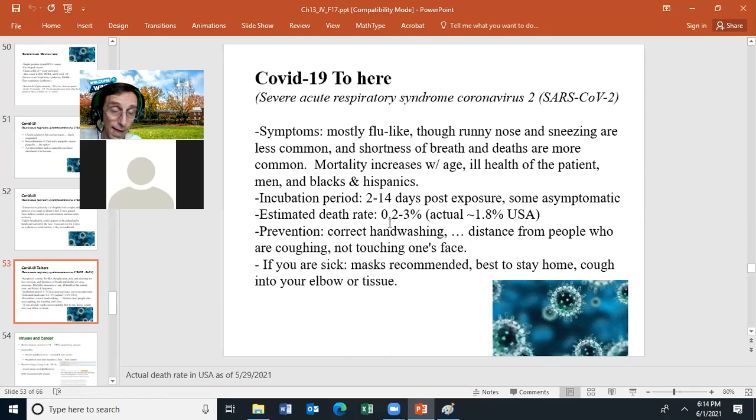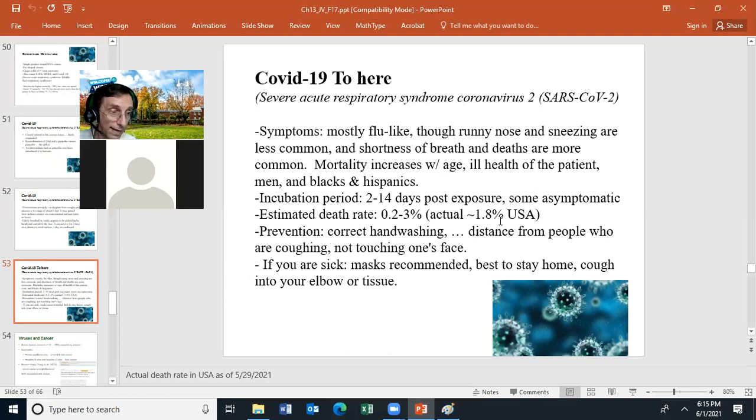As I stated, the death rate is estimated to be between 0.2% and 3%. The actual number as of May 29, 2021 is about 1.8% of people who get COVID-19 in the United States will die of it. And this number differs for different countries.